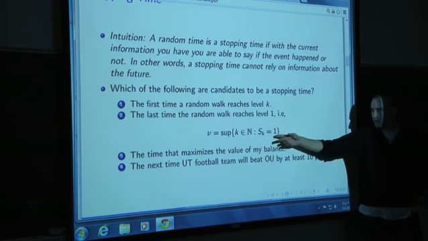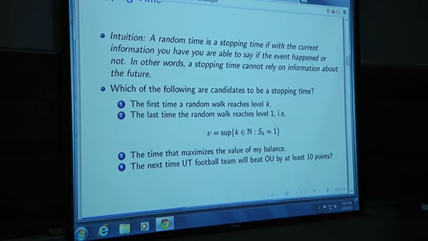So my walk reached level 1, and then it wandered to infinity and never came back. Is that a stopping time? No, because in order to make that call to stop my clock, I need to look at the whole trajectory. So stopping times don't allow me to rely on information of the future.